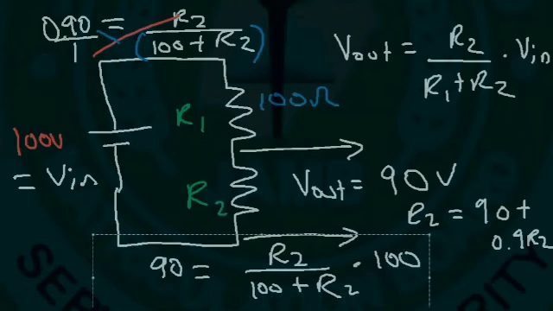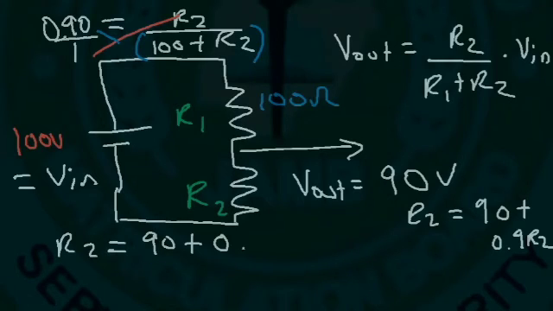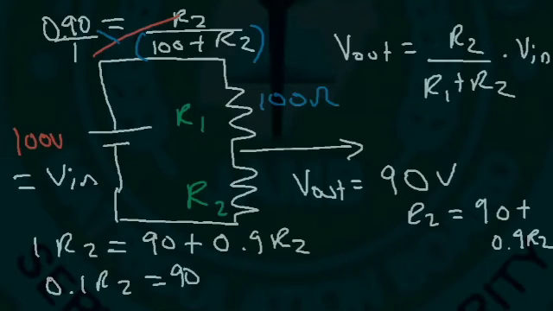And I'm running out of space. So we have R2 is equal to 90 plus 0.9 R2. So let's subtract both sides by 0.9 R2. So 1 R2 minus 0.9 R2 is 0.1 R2. So 90 divided by 0.1, R2 is about 900 ohms.